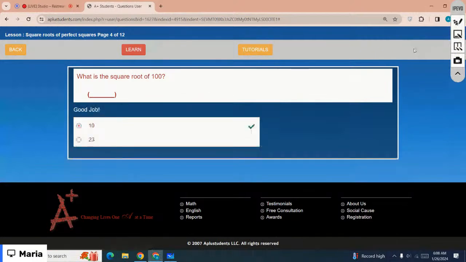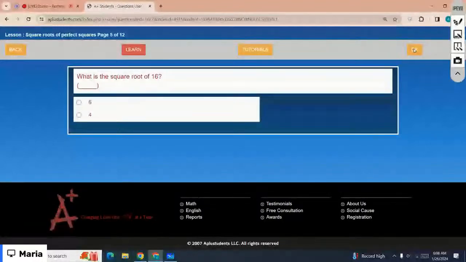Okay, the next one is, what is the square root of 16? 4 times 4 is 16, not 8. 8 times 8 is 64. 4 times 4 is 16, so the correct option is 4.